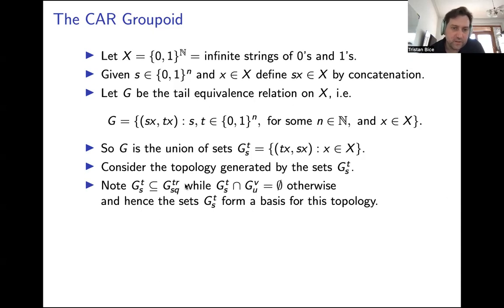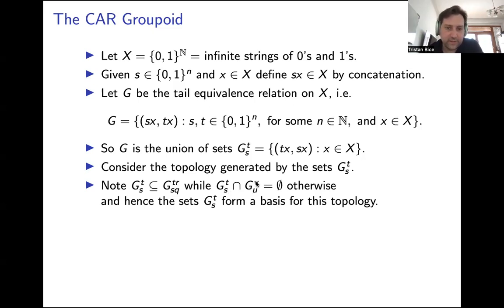The way to see this is to note that if you have two cylinder sets, either one is contained in the other, namely if one cylinder set is basically determined by extensions of another, where you have some finite strings R and Q such that you're just tacking R on the end of T and Q on the end of S. Or alternatively, the cylinder sets can be disjoint.